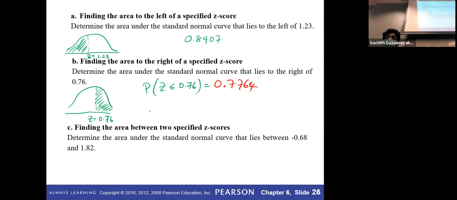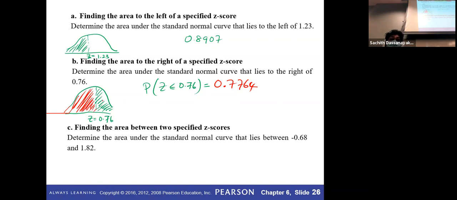Okay, so this means this area. You don't need this value. This is not the answer. But actually, yes, you need it, but this is not the answer. This is the area for this red color.